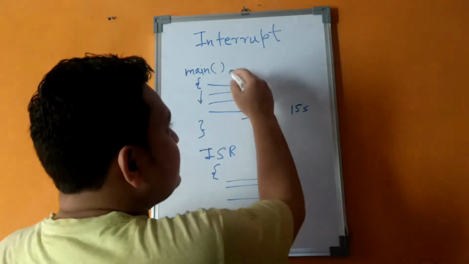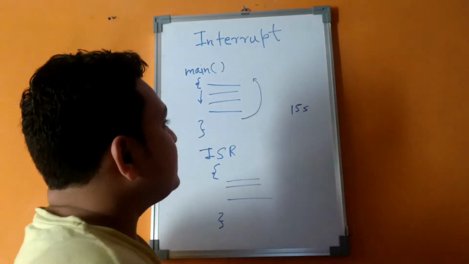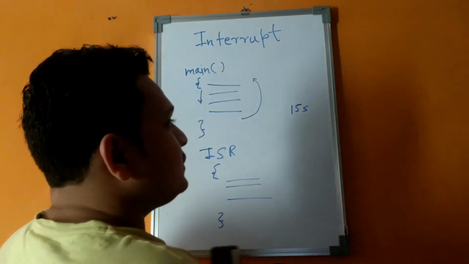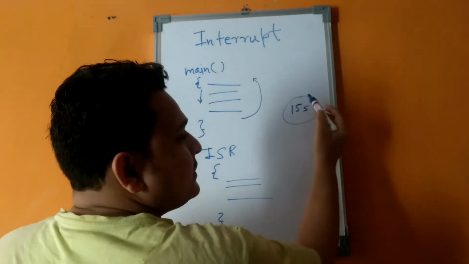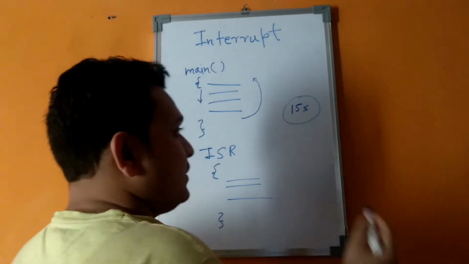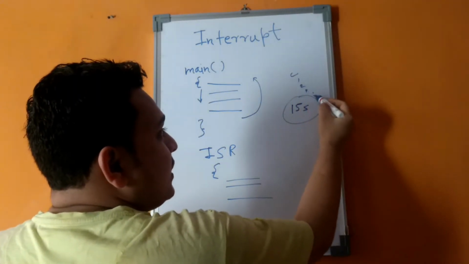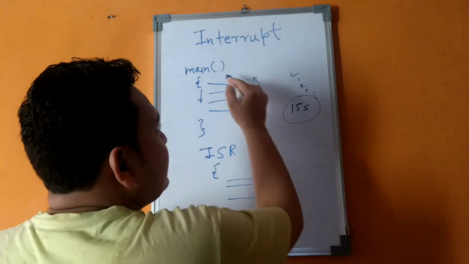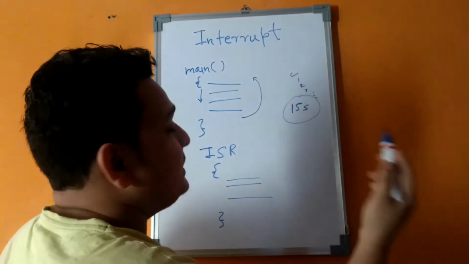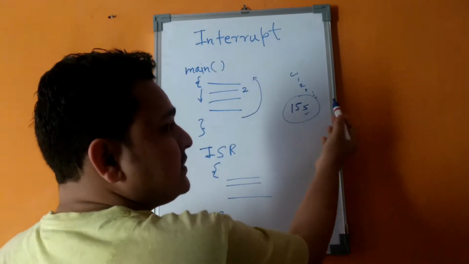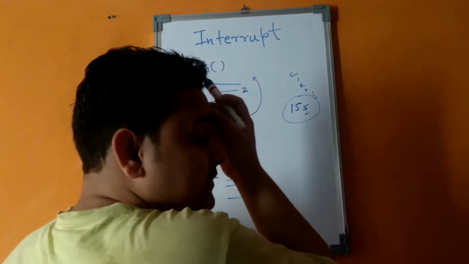It keeps executing these lines 1 2 3 4, 1 2 3 4, and this happens until 15 seconds: 0 second, 1 second, 2 second, 3 second, and now the 15th second is done. Suppose the compiler has executed the second line, but the 15 seconds are over and the time is completed.